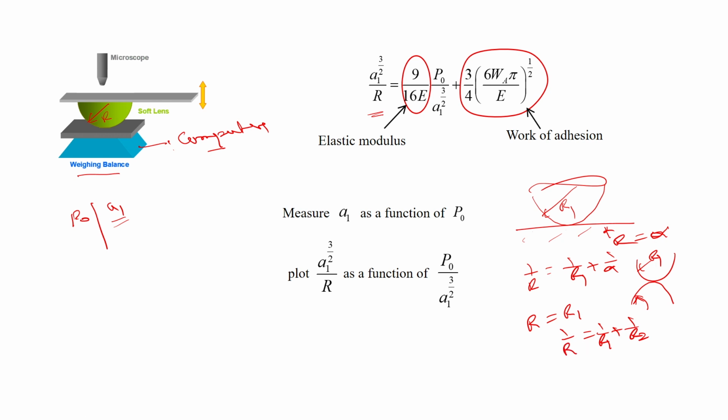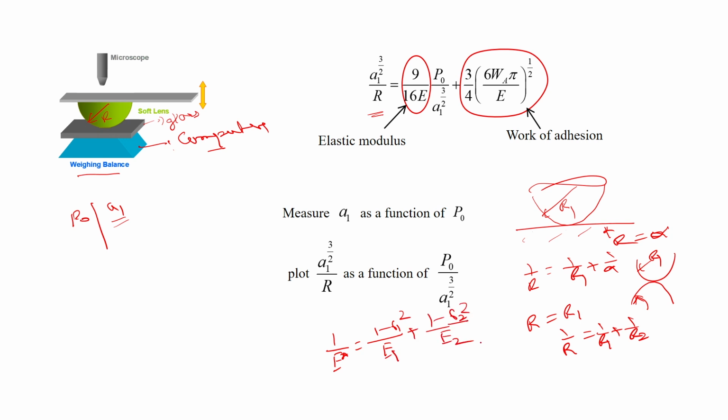Correspondingly over here, if this particular plate is a glass plate or rigid substrate, then the elastic modulus there is infinity, let us say, and therefore when we calculate 1 by E star, you calculate 1 minus sigma 1 square by E1 plus 1 minus sigma 2 square by E2.